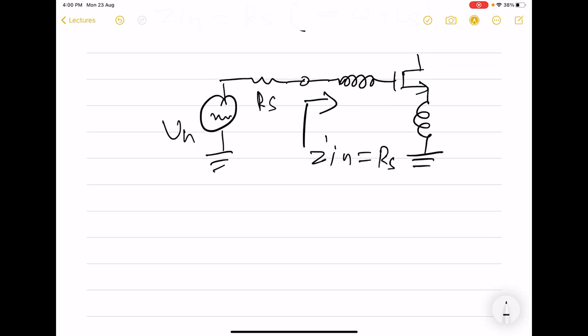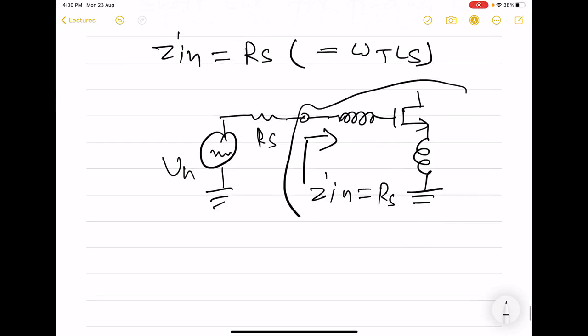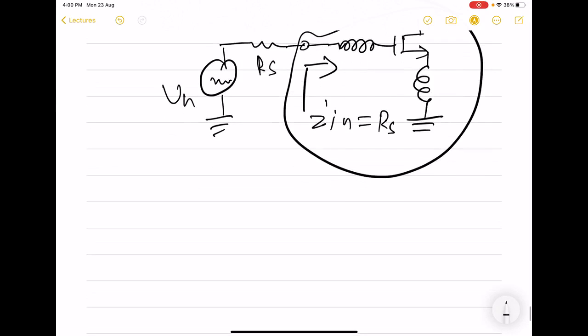This is the noise source. Instead of drawing the model for this entire thing, there is actually no need to draw the model.